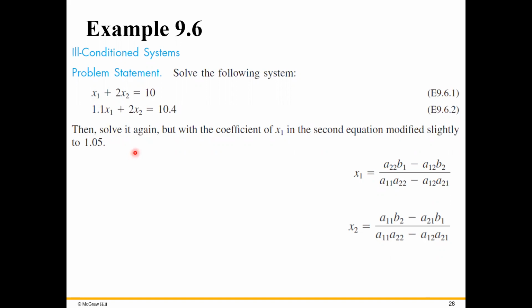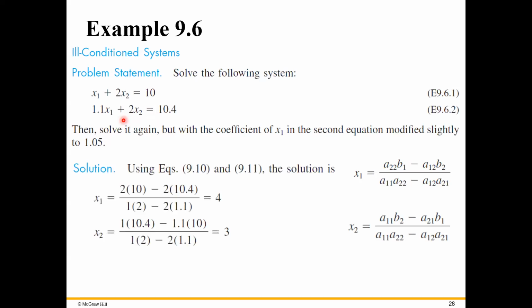In the first case, when we use this system of equations, the solution is 4 and 3. These are just two equations, so we can easily find the solution by Cramer's rule, which is simply A22 B1 minus A12 B2 divided by A11 A22 minus A12 A21.